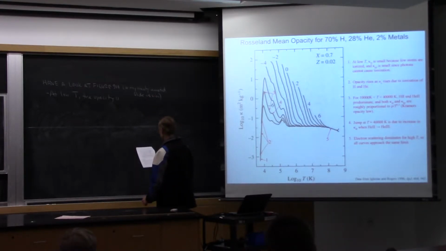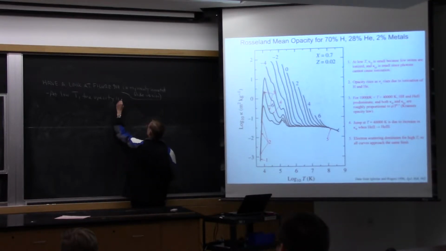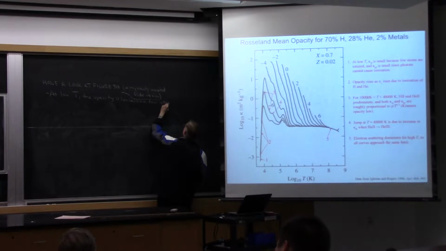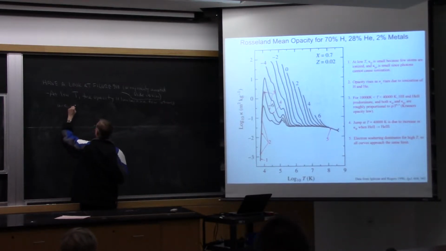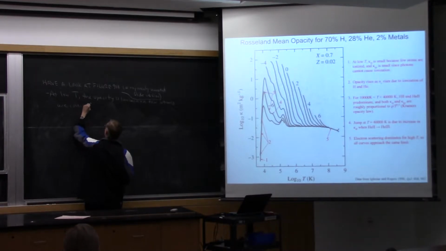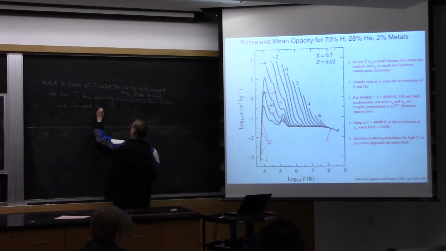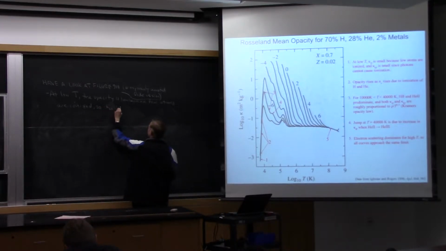At low temperatures, the opacity is low because few atoms are ionized. So kappa free-free, the free-free opacity is small.